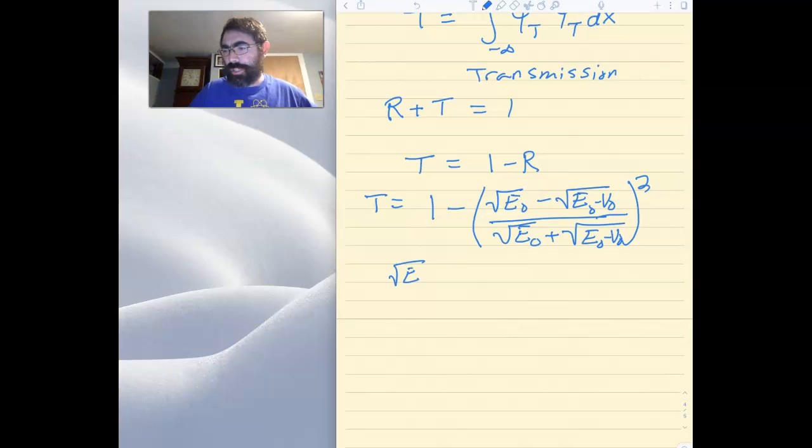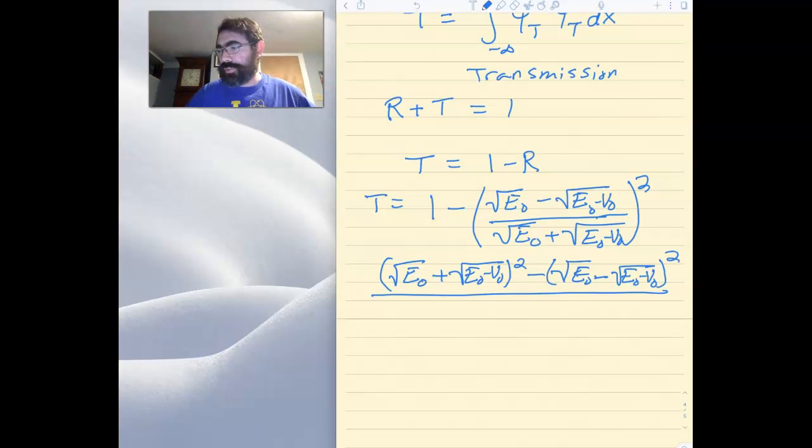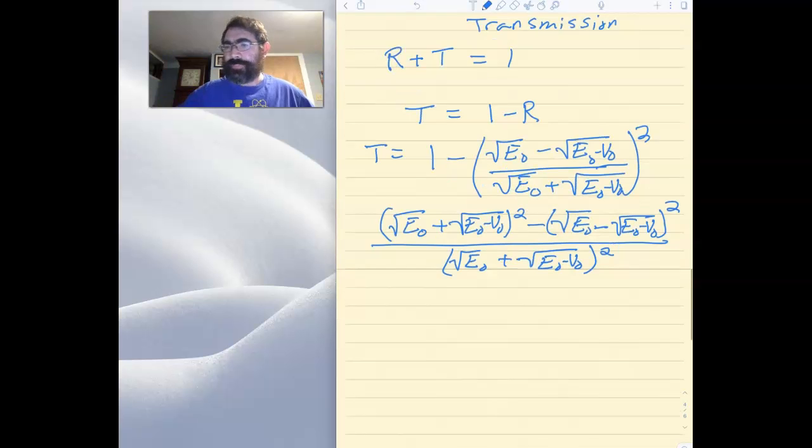We get E naught plus the square root of E naught minus V naught, quantity squared, minus E naught minus the square root of E naught minus V naught, quantity squared, all over the square root of E naught plus the square root of the difference, quantity squared.